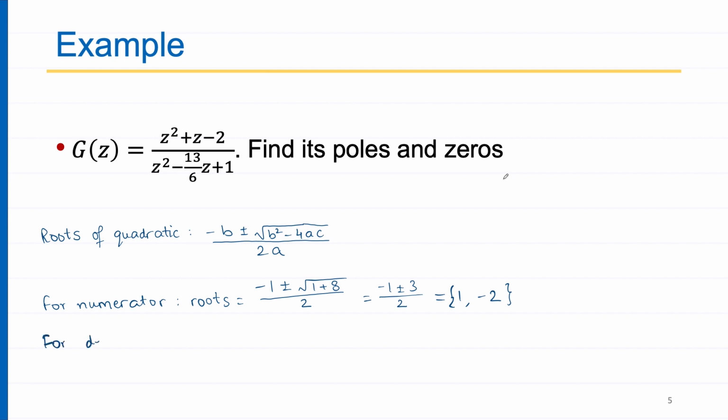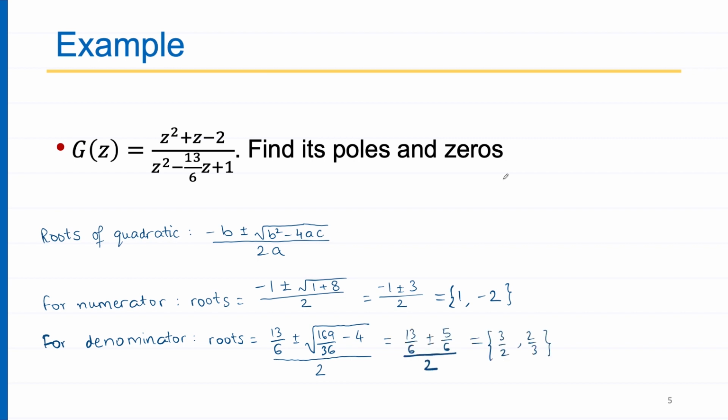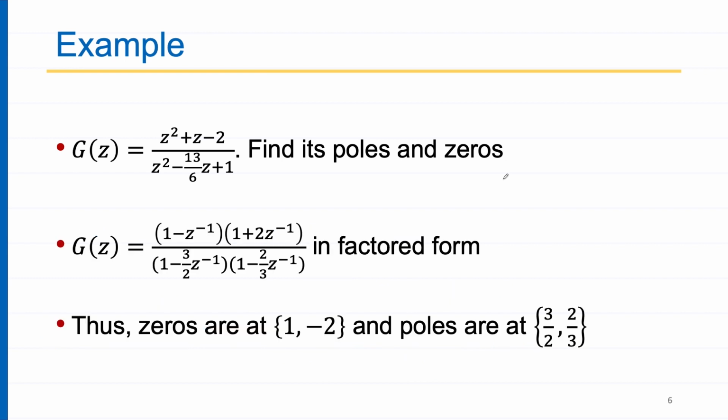For the denominator, the roots can similarly be computed; they come out to be 3 by 2 and 2 by 3. The zeros are the roots of the numerator, 1 and minus 2. Poles are the roots of the denominator, 3 by 2 and 2 by 3. And I can represent G(z) in the factored form.